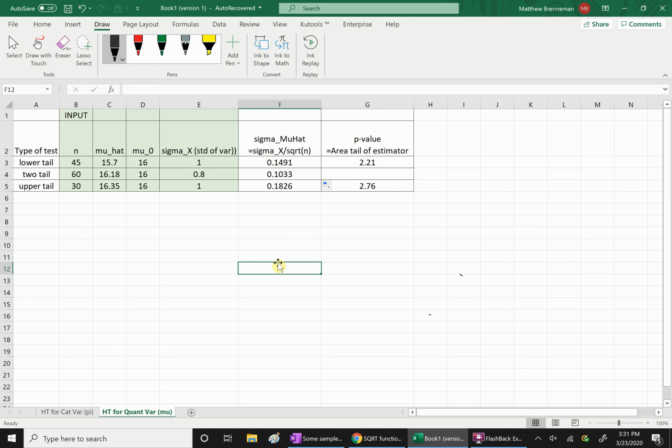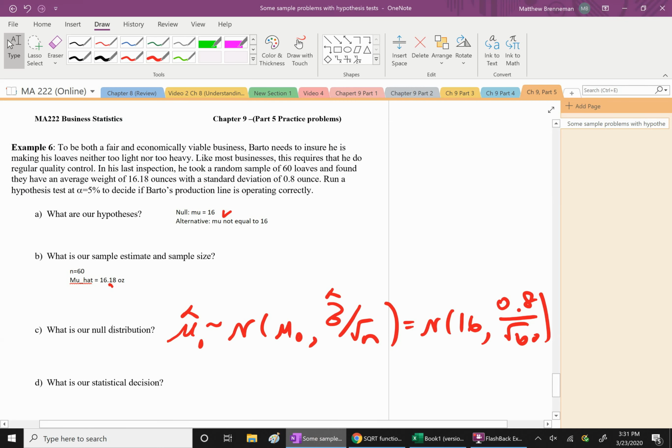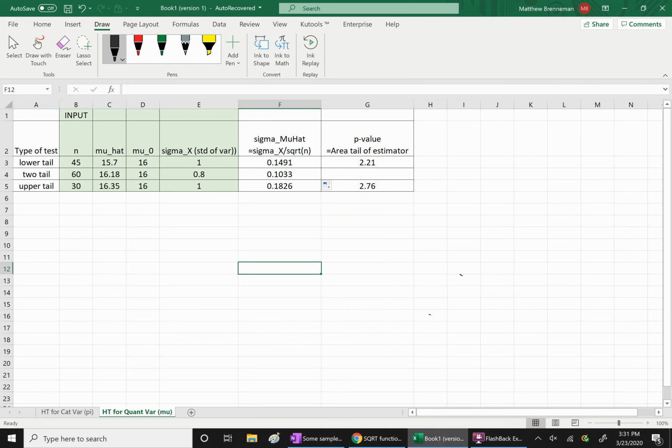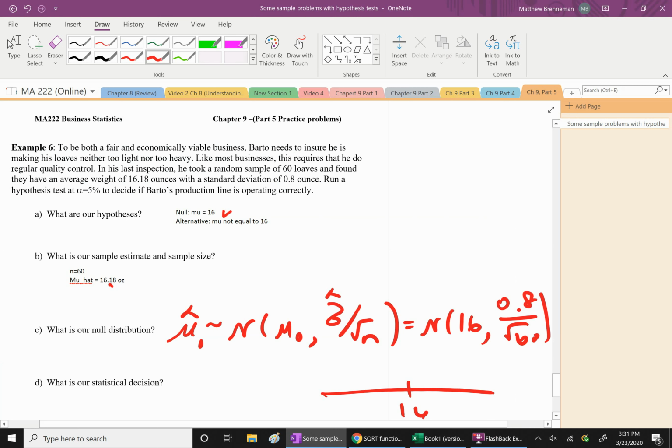So if we think about what's going on here, this is our null distribution. It's centered at 16. Again, you look at the standard deviation, it's about 0.1. So this is 16.1, 16.2, 16.3.